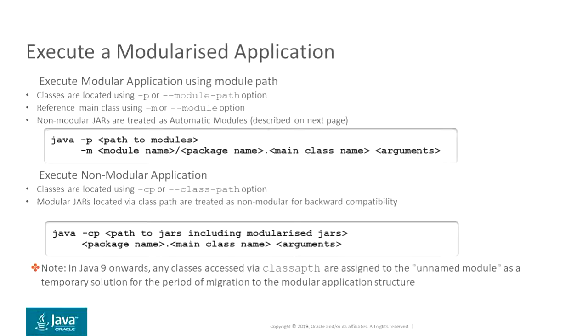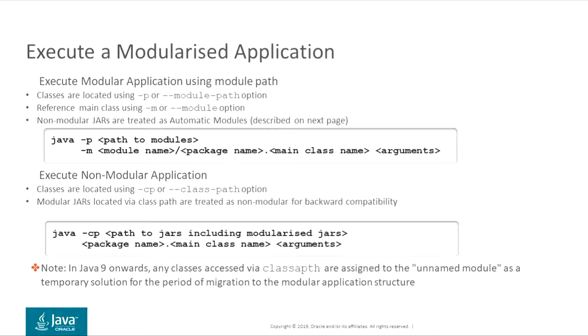Absolutely, you can. The modular jar will physically run on a class path. But this is the thing. If you access a modular jar through the class path, that means you're reverting to the pre-module state of Java, in which case all these jars are assigned to one unnamed module.